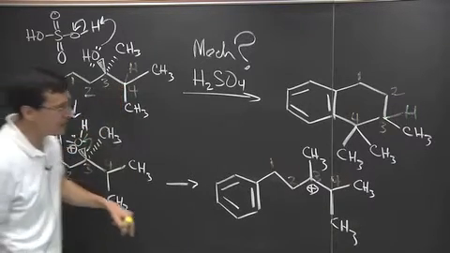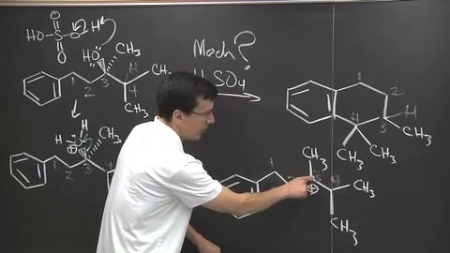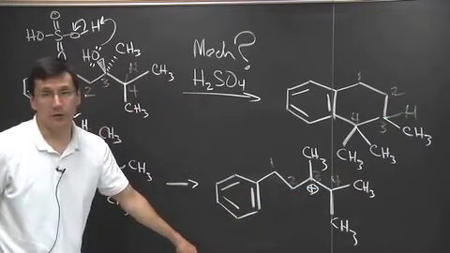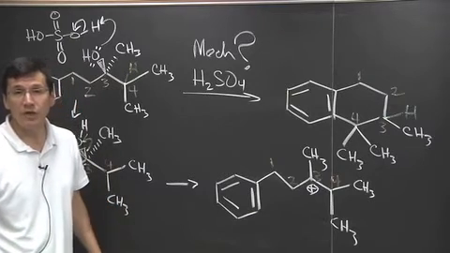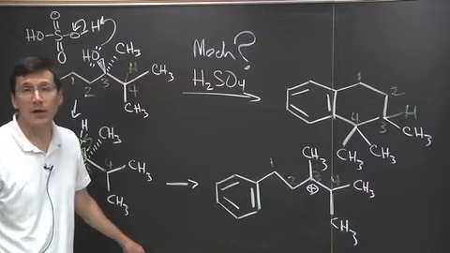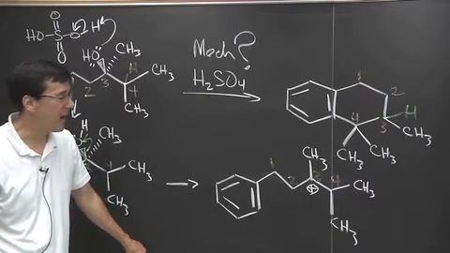So somehow we need to go from an intermediate that has a positive charge on carbon 3 to one that has a positive charge on carbon 4. So there may be more than one way to achieve that, but one possible way would involve a carbocation rearrangement. So see if you can think about how that would look.